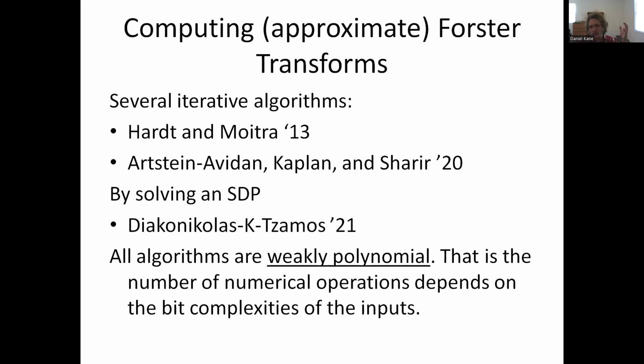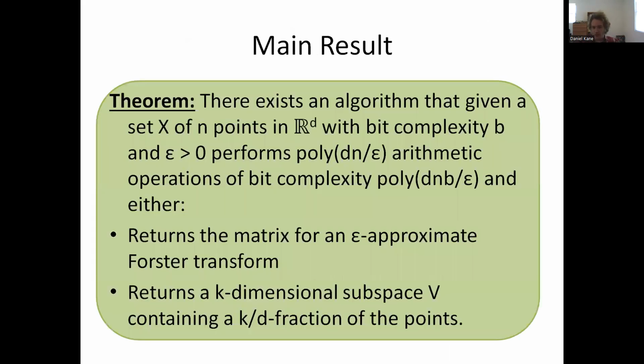And this is a little bit annoying. It means that, for example, if your points are given as real number values, these algorithms are not even guaranteed to terminate at all. And so the goal of this paper is to develop a strongly polynomial time algorithm, and that's exactly what we do.